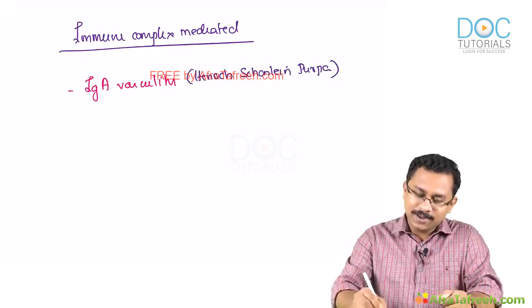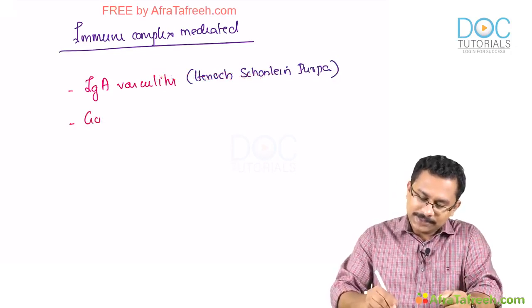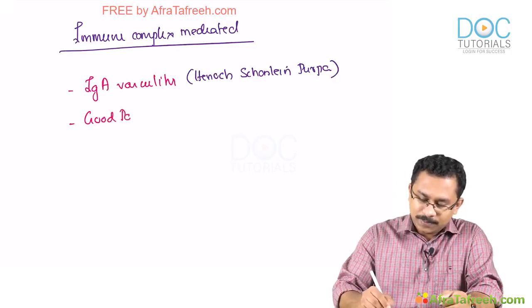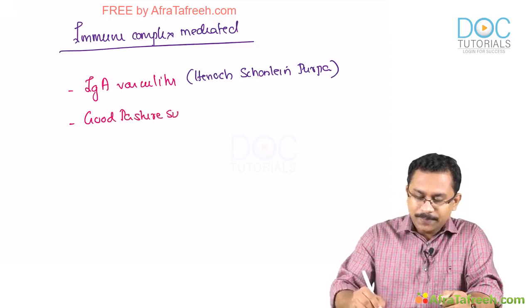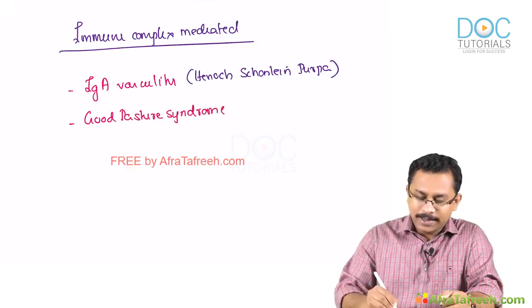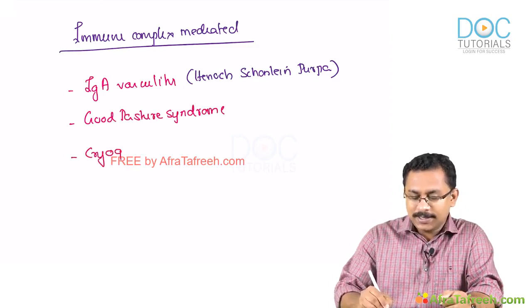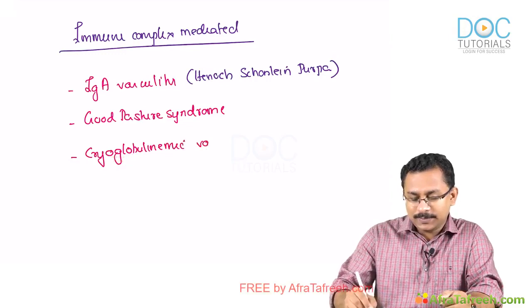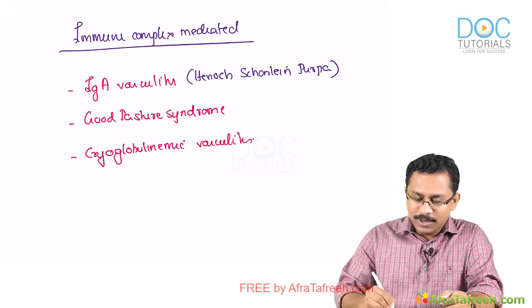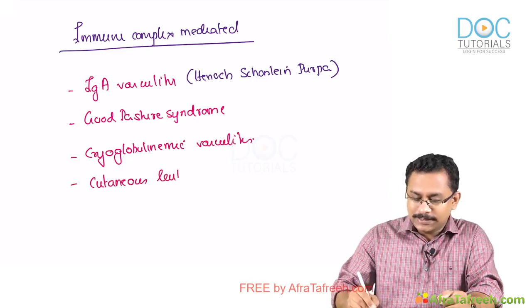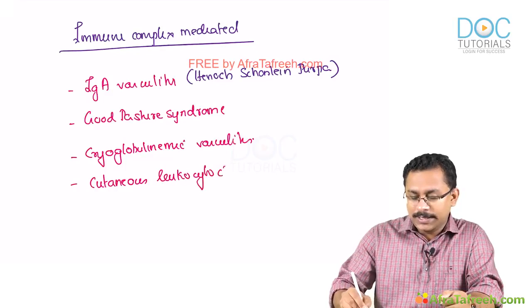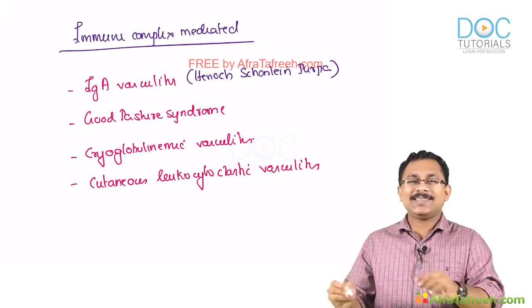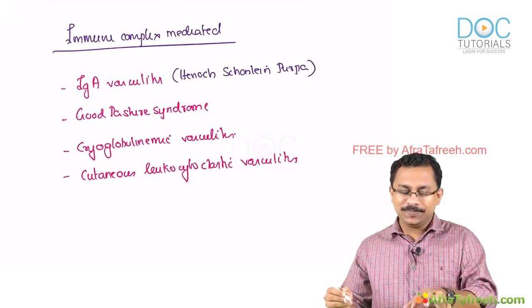Then you have Goodpasture syndrome. Next is cryoglobulinemic vasculitis. And then you have cutaneous leukocytoclastic vasculitis. So these are the entities falling in this group.